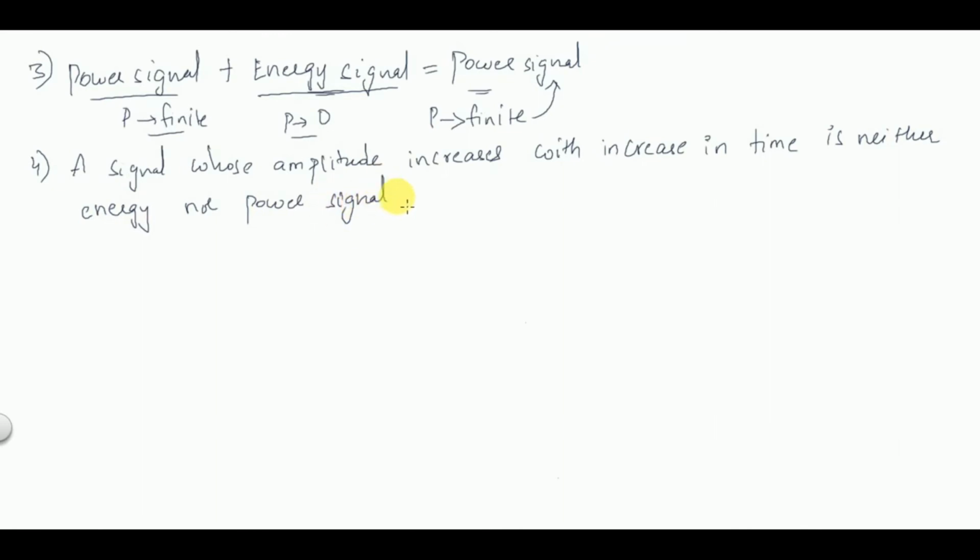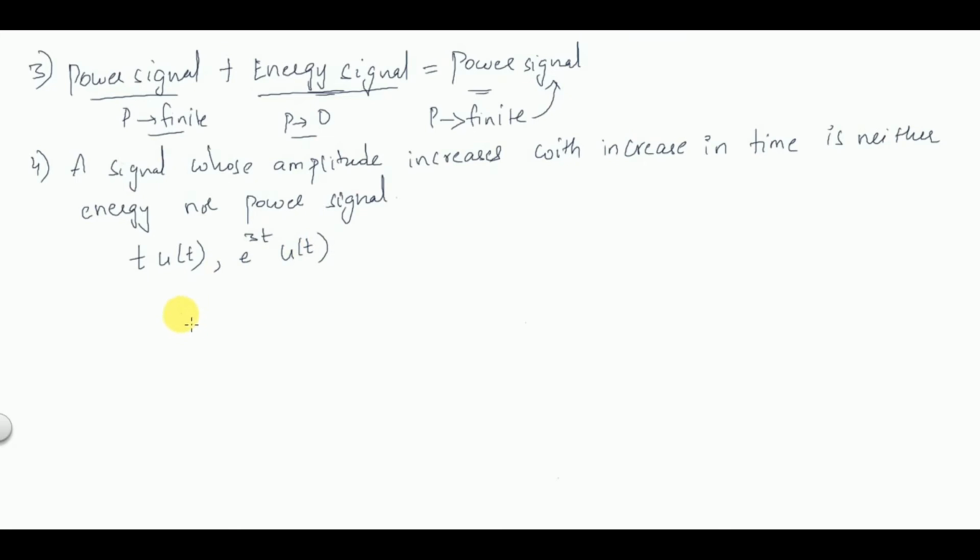We can't tell it is either an energy or a power signal. For example, t into u(t), a ramp signal. Okay, so t into u(t) is there. Such a type of signal is said to be neither an energy signal nor a power signal.